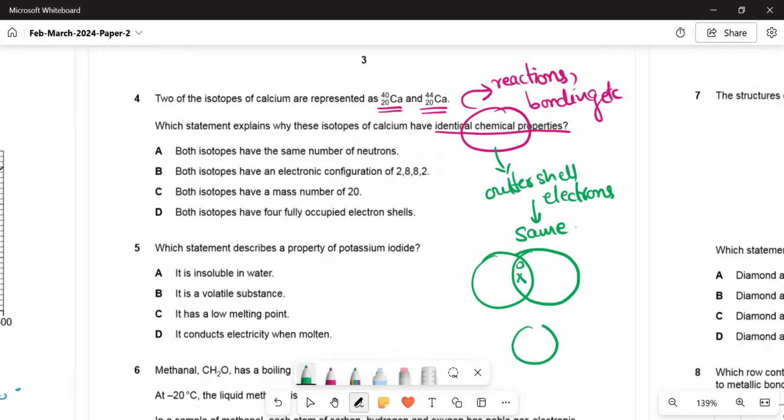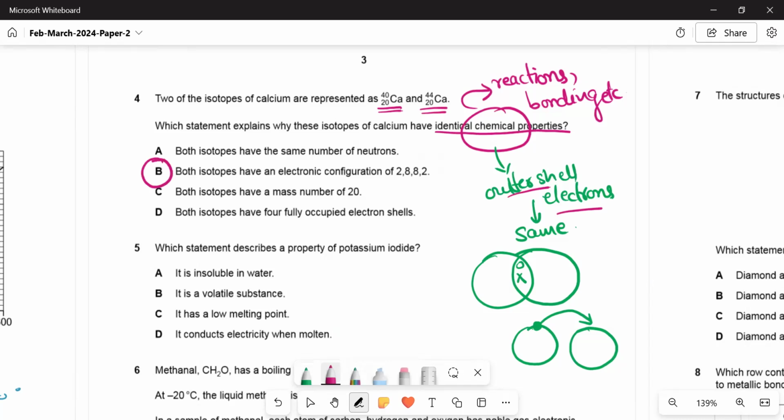In ionic bonding, the outer electrons are transferred from one atom to the other. So in short, in every bonding or chemical reaction, the outer electrons are involved. So they have to be the same. Obviously isotopes have the same chemical properties because their outermost electrons are the same.